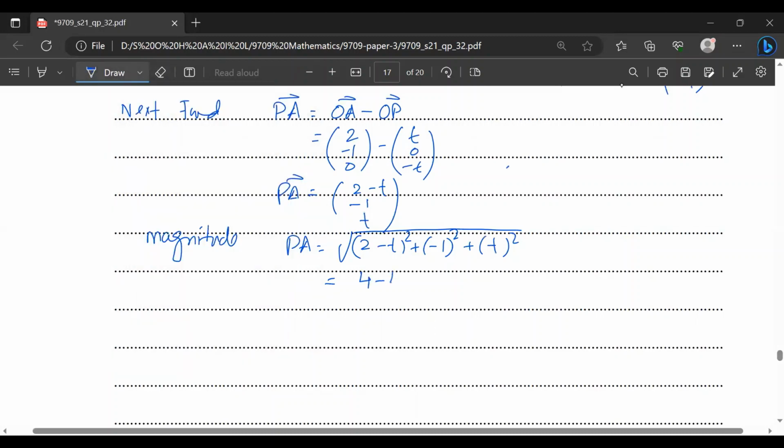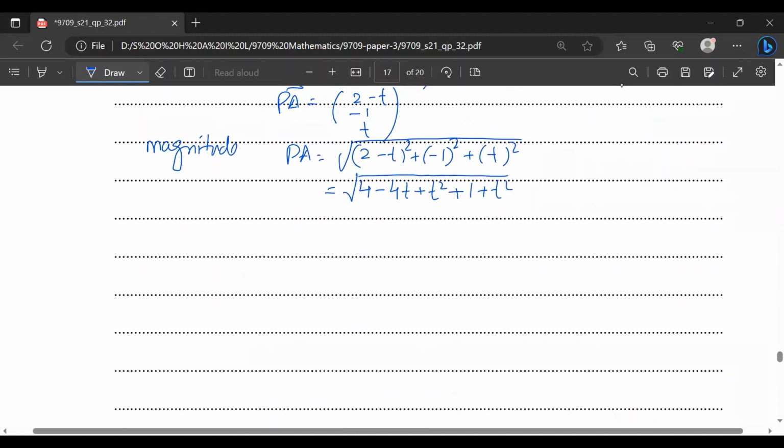This is 4 minus 4t plus t square plus 1 plus t square, under the root, and PA length is finally the square root of 2t square minus 4t plus 5. So PA length is here.